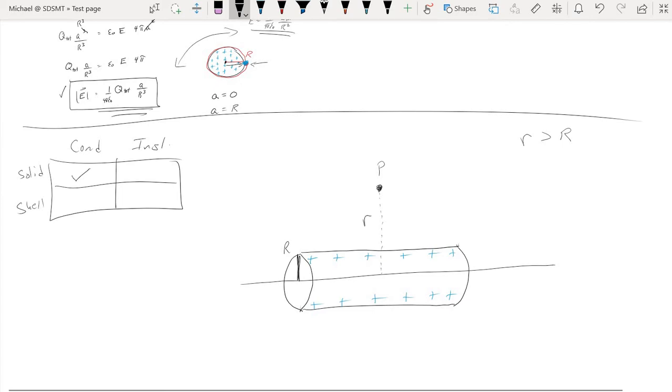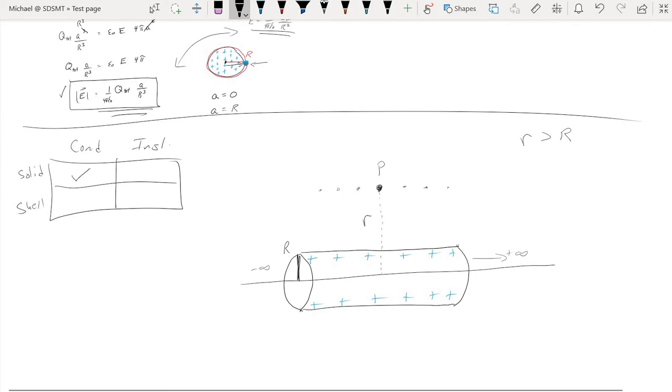And my answer would be, well, if you start to get really far away from the cylinder, then yes, it would start to look like a line. But let's see what Gauss's law says. Gauss's law says if we were to take this cylinder and extend it out infinitely long in all directions, then every point at a distance of r would be the midpoint.